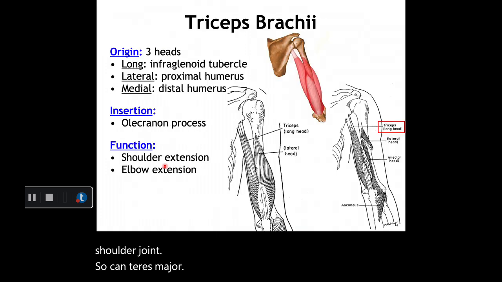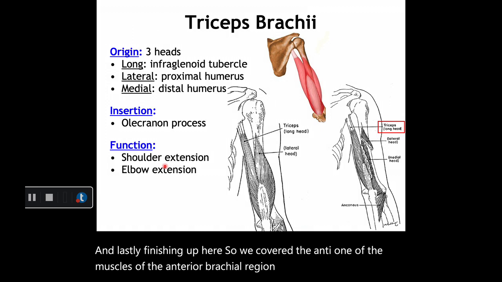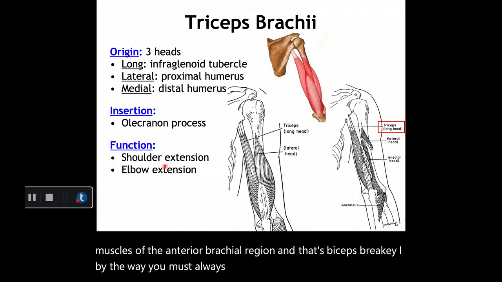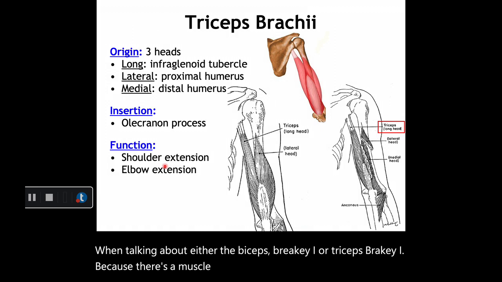And lastly, finishing up here. So we covered one of the muscles of the anterior brachial region, and that's biceps brachii. By the way, you must always include brachii when talking about either the biceps brachii or triceps brachii, because there's a muscle in your leg called biceps femoris.